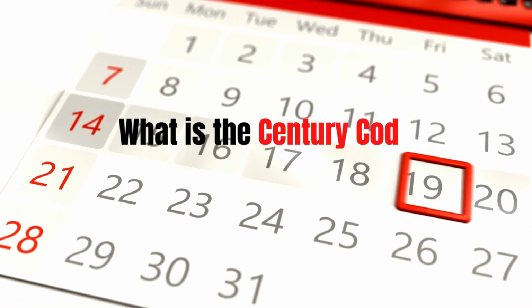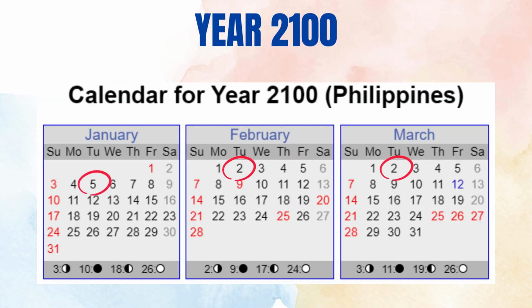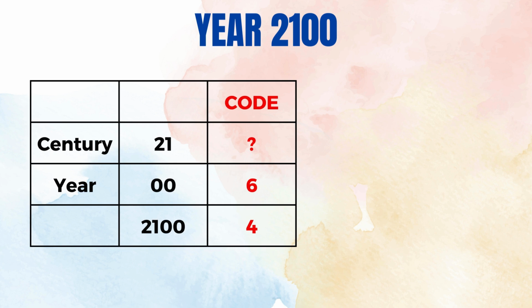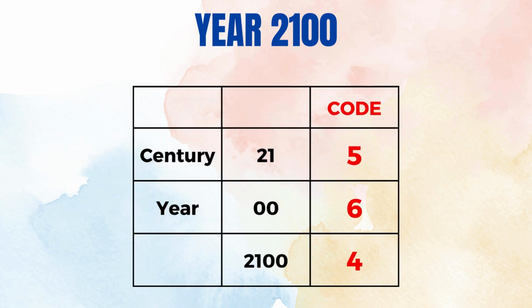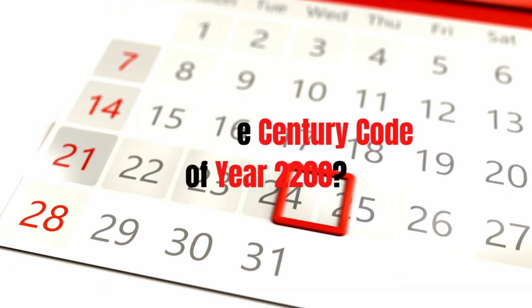What is the century code of year 2100? Year 2100, 00 equals 6, 2100 equals 4, x plus 6 equals 4, x equals 5, 21st century equals 5. What is the century code of year 2200?